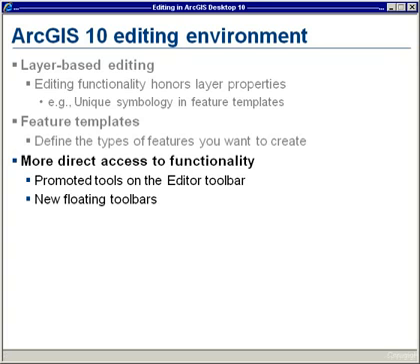The most commonly used editing functionality is more directly available on the editor toolbar now. Lots of the commands that were hidden in task menus, in the context menu, or in shortcuts are now more exposed directly as buttons on the editor toolbar.